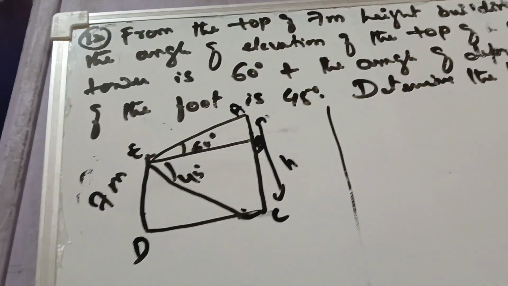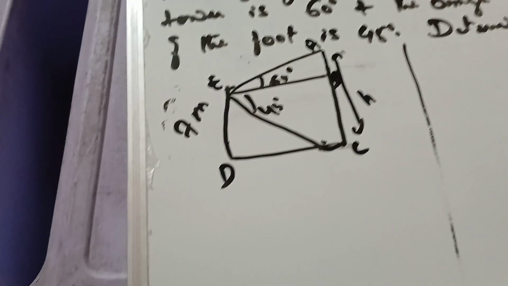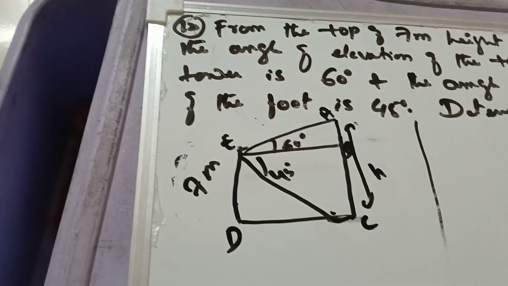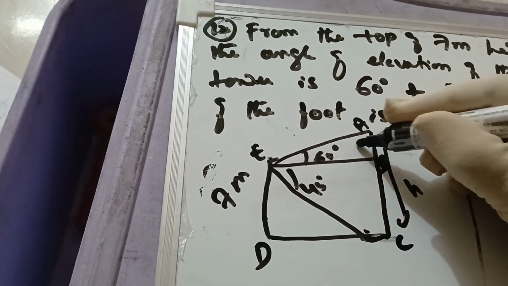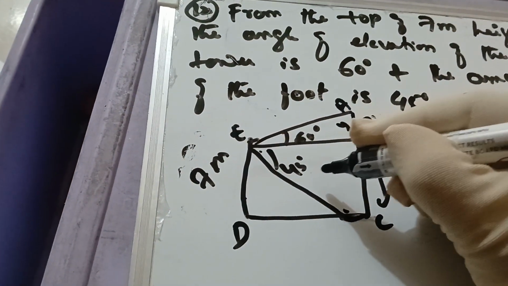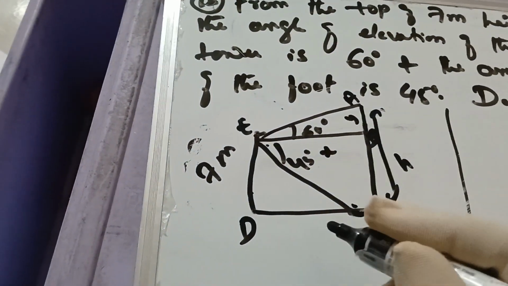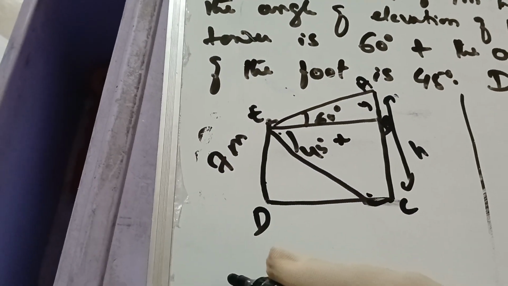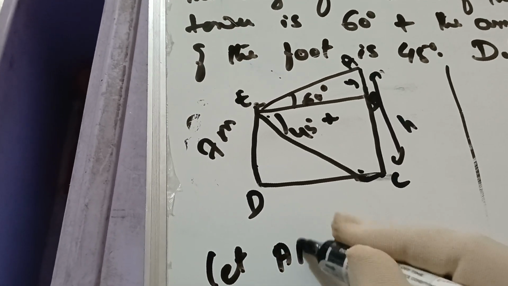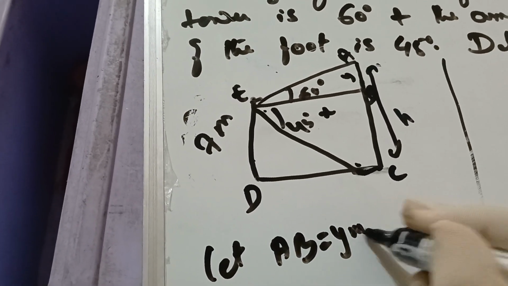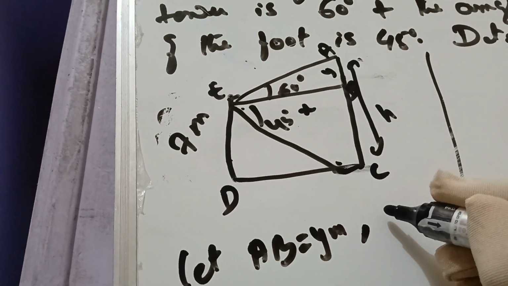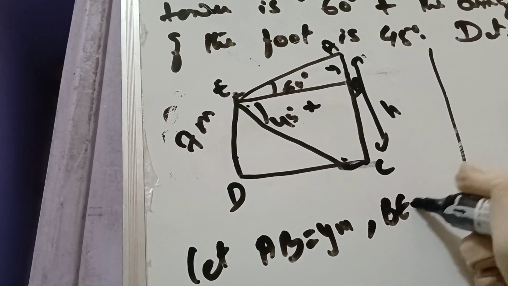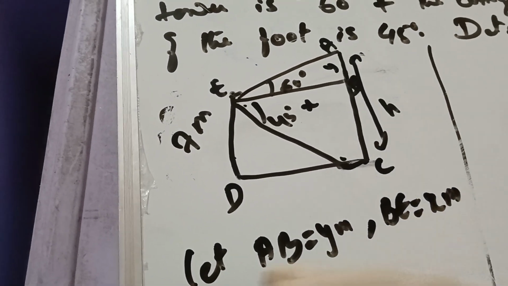Next, suppose AB is Y and BE is X. So let AB be Y meters and BE be X meters.